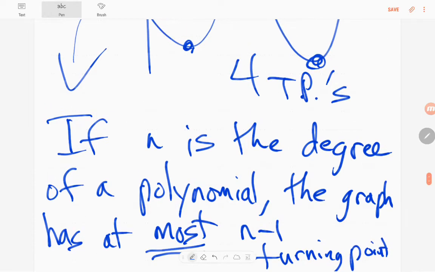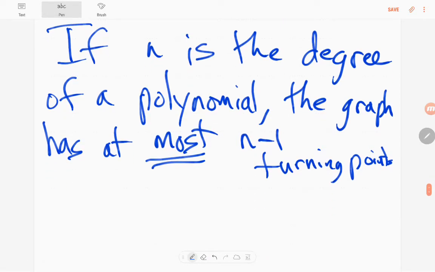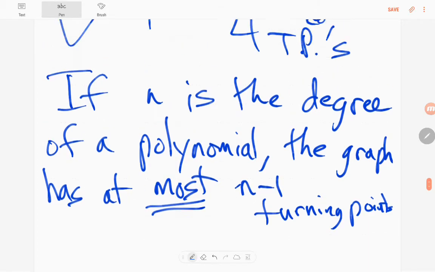And I'm just going to state this without proof. If n is the degree of a polynomial, then the graph has at most n minus 1 turning points. So that doesn't mean it has to have n minus 1. N minus 1 is just the maximum number of them. So that fact you're just going to have to accept without proof.